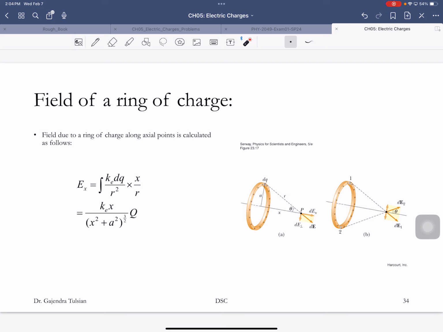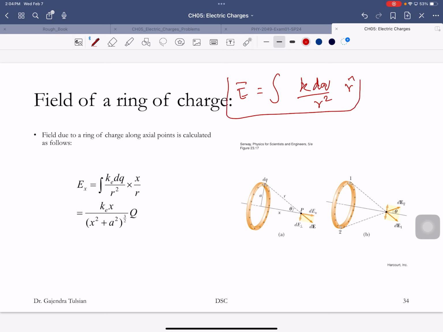Now you want to calculate the electric field due to this guy. So essentially this is the integral you want to do: K dq divided by r squared r hat. You're going to apply this, and dq will be the charge of little pieces like that.